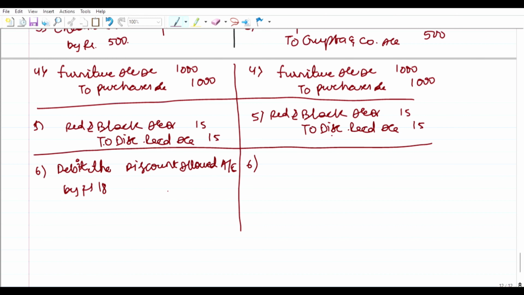Due to not recording the entry on the debit side, the suspense account has been generated on the debit side with a balance of rupees 18. In order to remove that, we have to credit the suspense account. In place of the debit side, we write the entry discount allowed account.